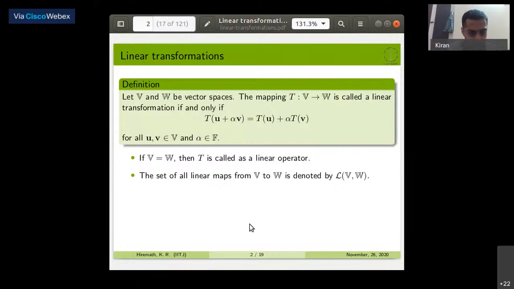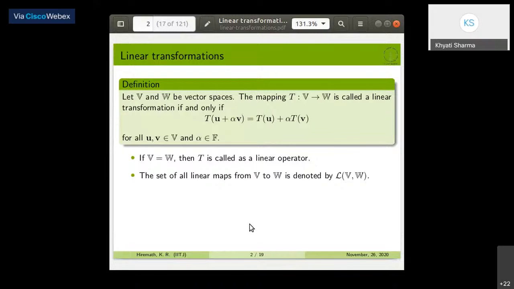Now, given this statement, what is the interesting question that you can ask? If I give you this statement that collects all the linear maps from V to W, and let's denote this set as L of V, W, till now this is a set. So which algebraic structure does this set have? Exactly.